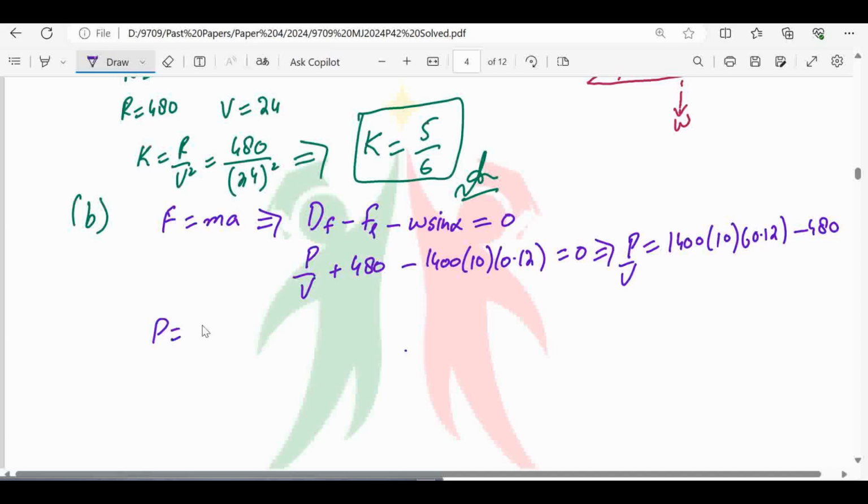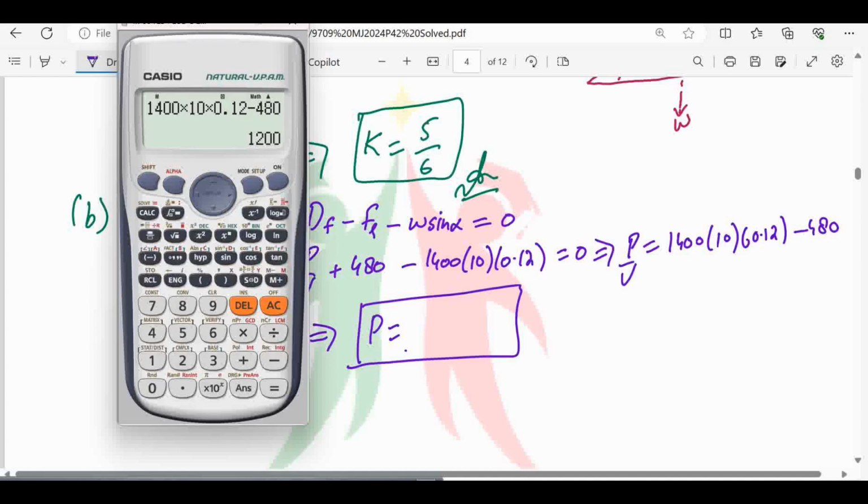So which means that 1200 multiplied by 24 will give us the total power. So power will be equal to, let me multiply it because V is 24, multiply by 24, it will give us, power will be equal to this thing.